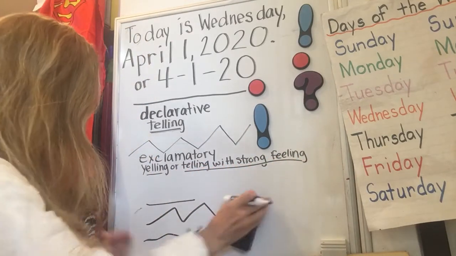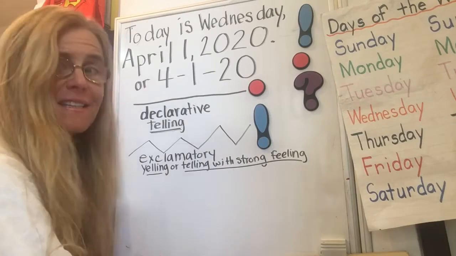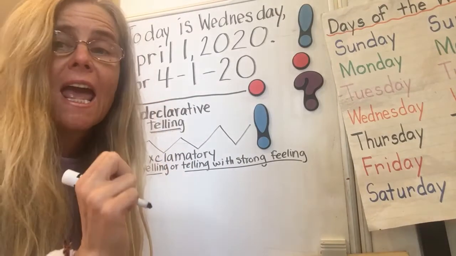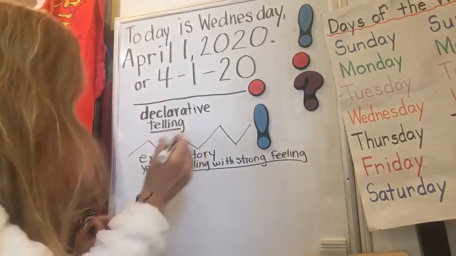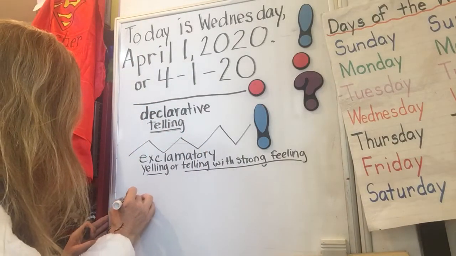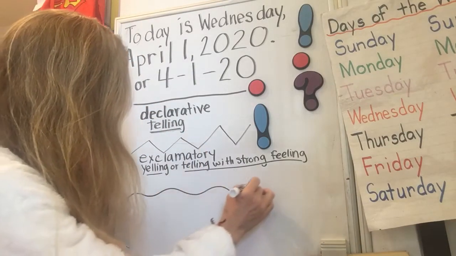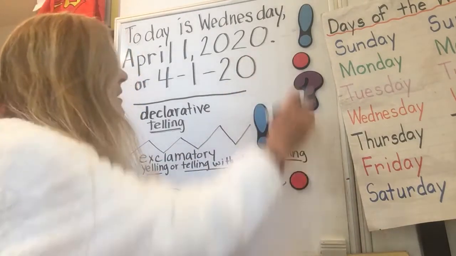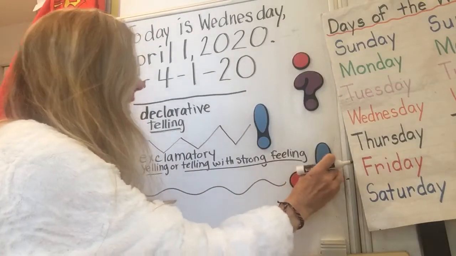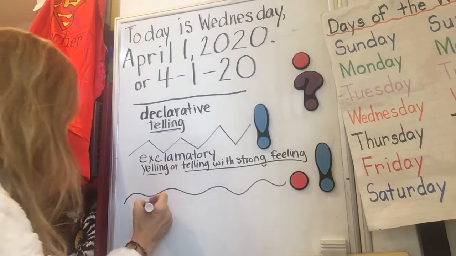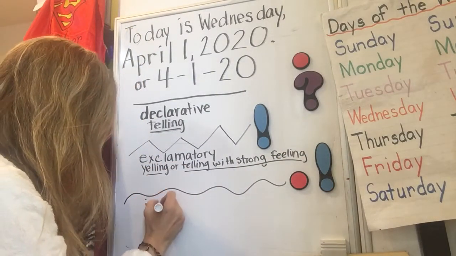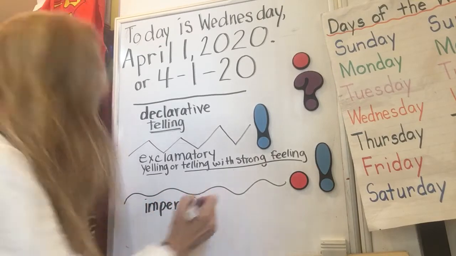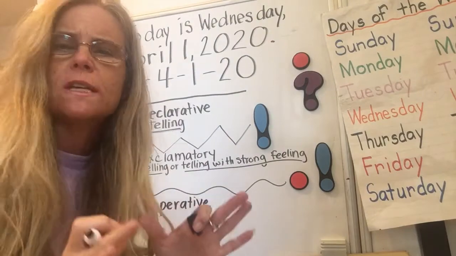The next kind of sentence, this is why I had to have 2 exclamation points and 2 periods, because this kind of sentence that uses either a period or an exclamation point is what's called imperative. It's imperative that you do this.